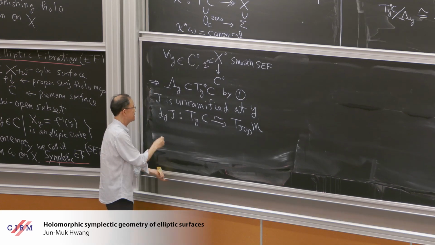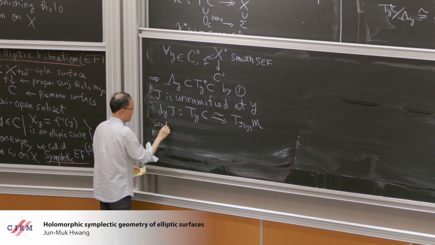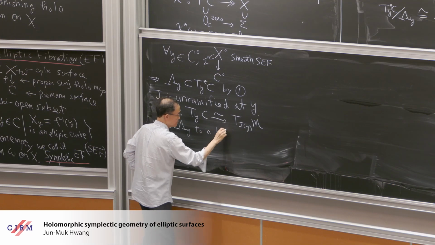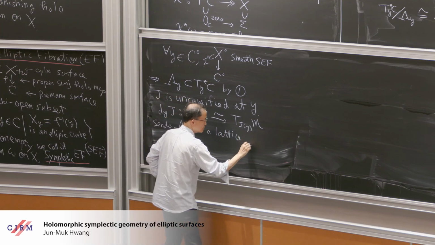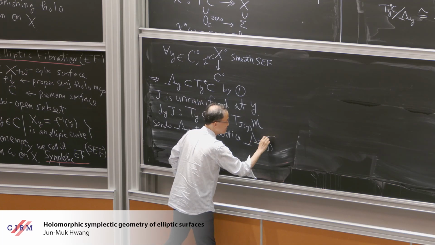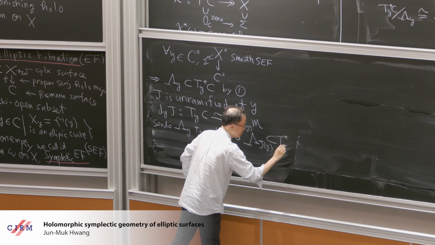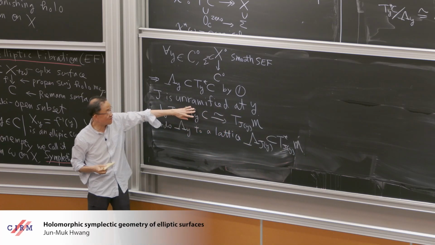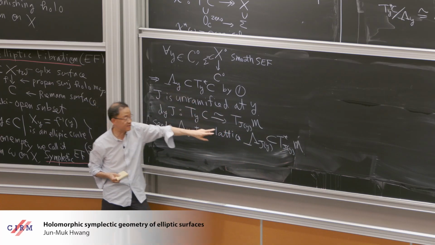And so it sends lambda_y to a lattice, lambda_J(y), inside the cotangent space of the moduli space. Because you have an isomorphism, it sends a lattice in the dual to a lattice in the dual.